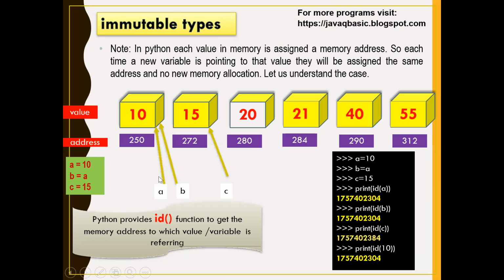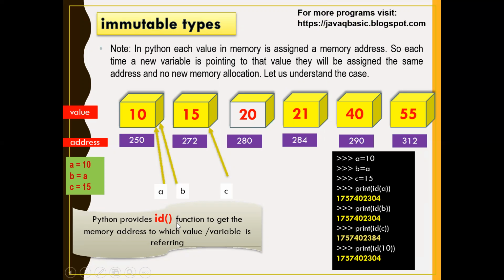So A and B have the same address, C has a different address. Here A is equal to 10, B is equal to A, so A's value also goes to B, so B is also 10, and C is 15.